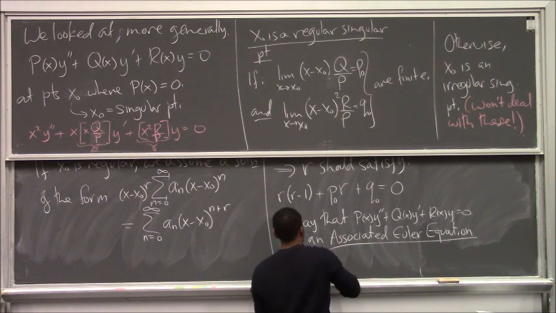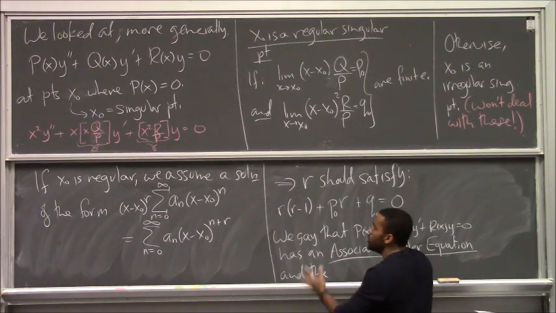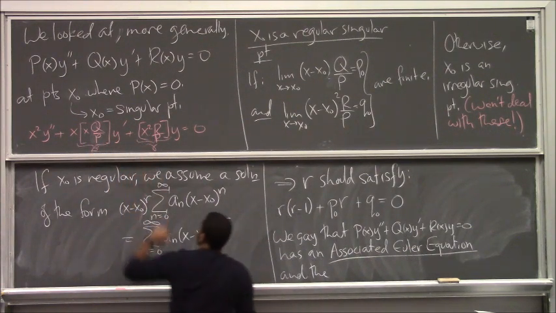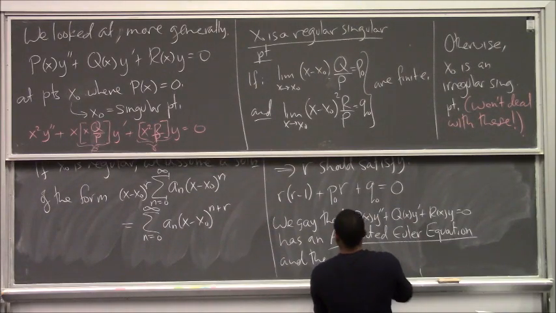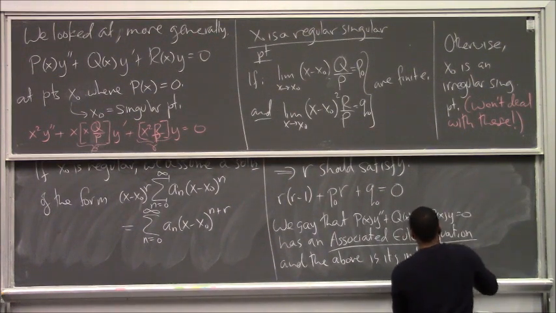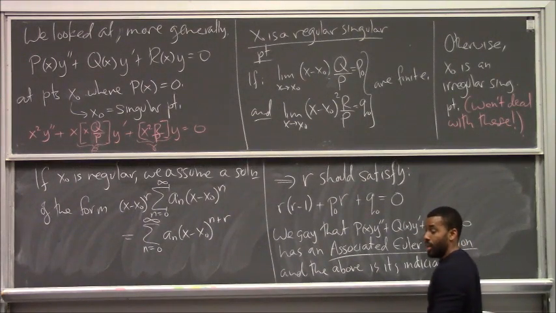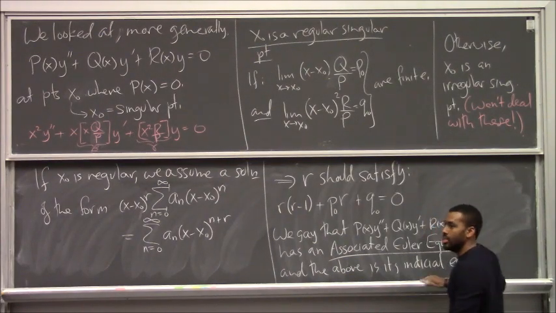Basically we think of this power series as behaving similarly to an Euler equation that has these guys as the constants, and the above is its indicial equation. Like you always say, we're just guessing, happy if it works, and if it works out, the existence and uniqueness theorem takes over.